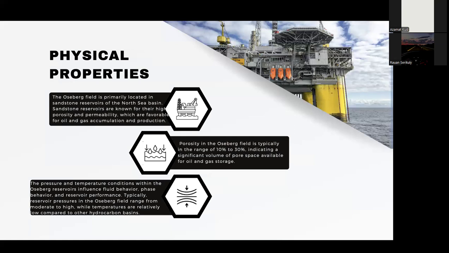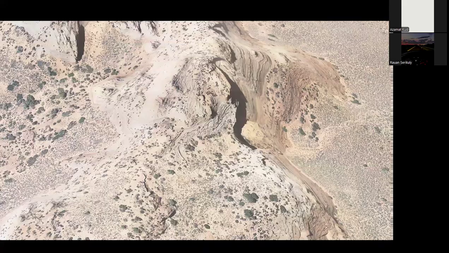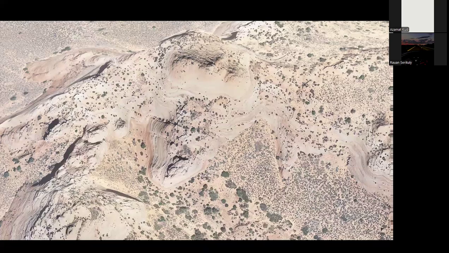The next slide. So here is given the geological structure of the Oseberg oil and gas field. This structure has sandstone reservoirs, which hold many oil and gas reservoirs.